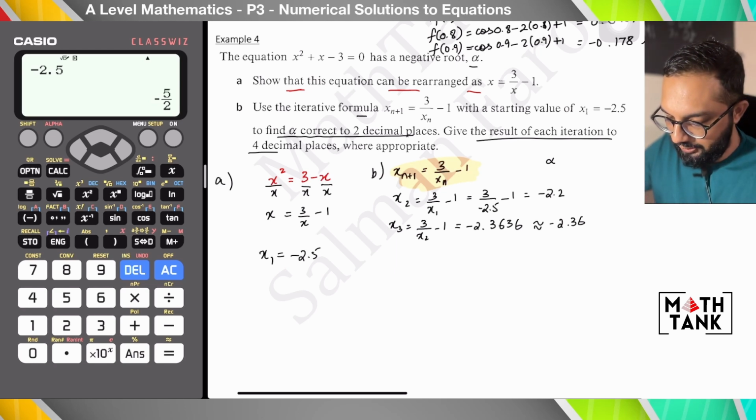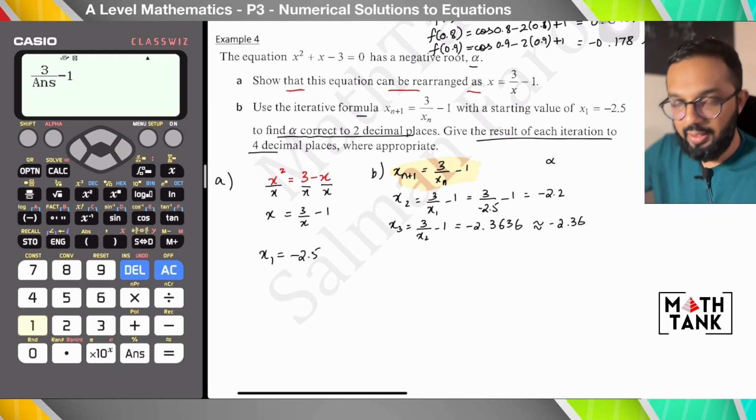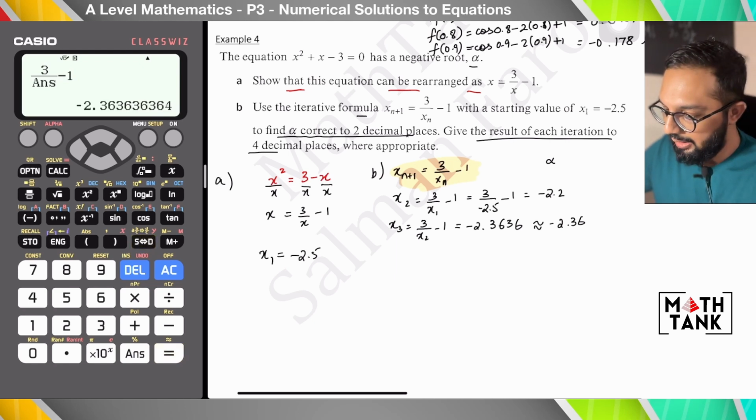I'll write 3 over the answer minus 1. Okay, so I've constructed the entire thing and I'm going to press equals. This gives me x2, then x3. For x3, I don't need to do anything else. I just need to press equals again, and this is going to give me x3. Now, can I do x4? Yes, I can do that on my calculator.